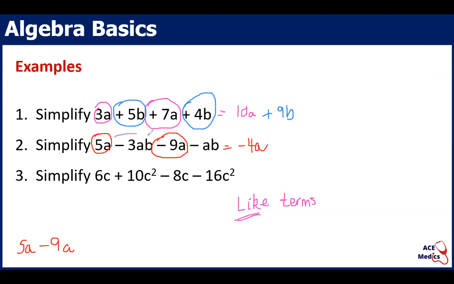And then our next like terms are minus 3ab and minus ab. So minus 3ab, take away ab. So that's like doing minus 3, take away 1. Now minus 3 take away 1 is going to be minus 4.